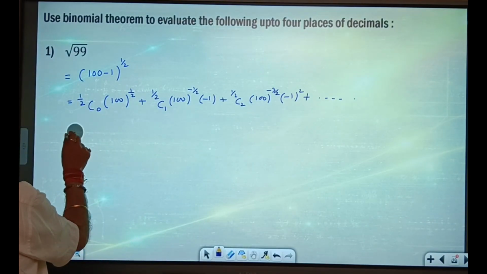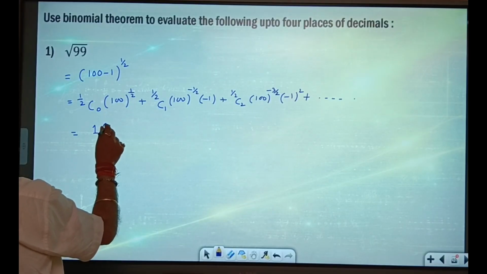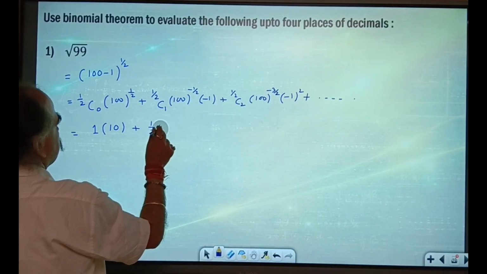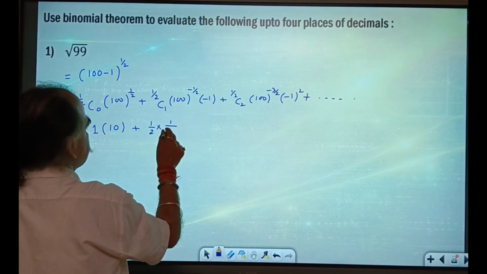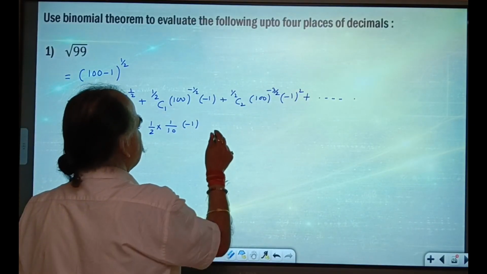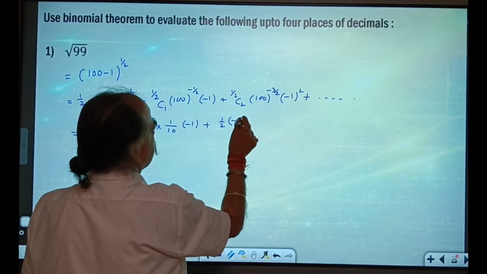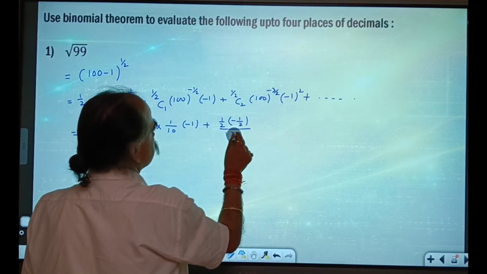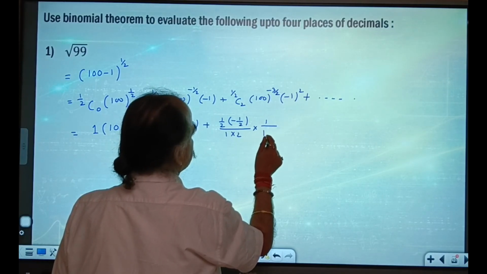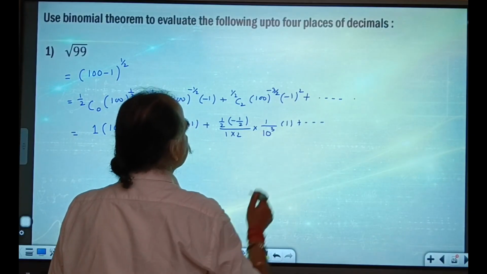See how, half C0 is what? 1. 100 to half is what? 10. Half C1 is what? Half into 1 upon 10 into minus 1. Half C2 is what? Half into minus half upon 1 into 2, 1 upon 10 cube, into 1, and so on.